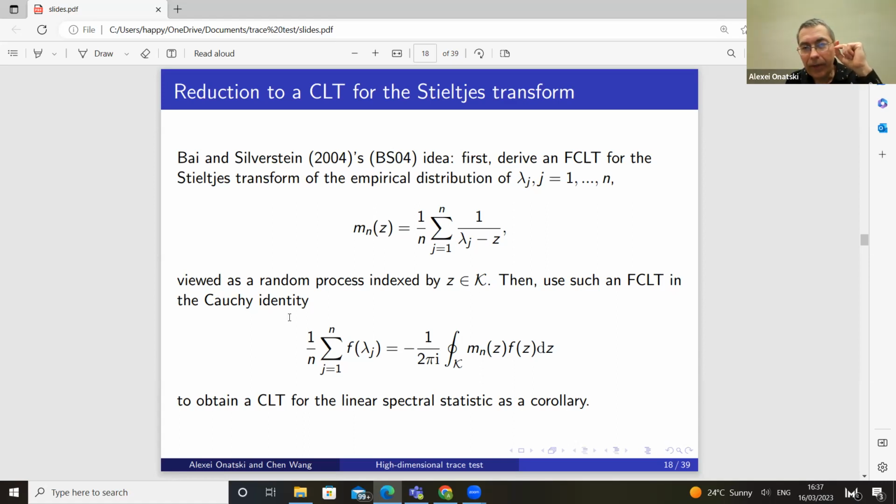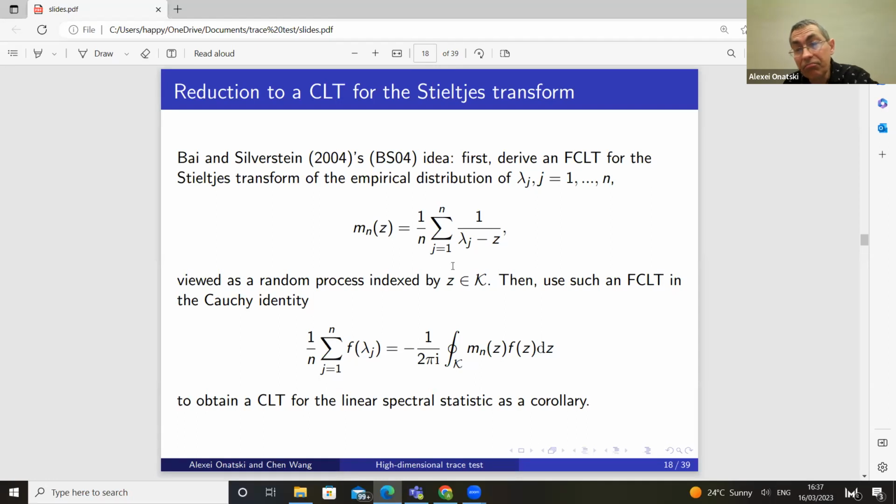To analyze fluctuations of this kind of statistic, you need to focus on fluctuations of the so-called Stieltjes transform of the empirical distribution of eigenvalues. What is the Stieltjes transform? It's just a very simple thing. It's like this. You take all eigenvalues, subtract a complex variable z, take 1 divided by this eigenvalue minus z, sum everything, divide by n.